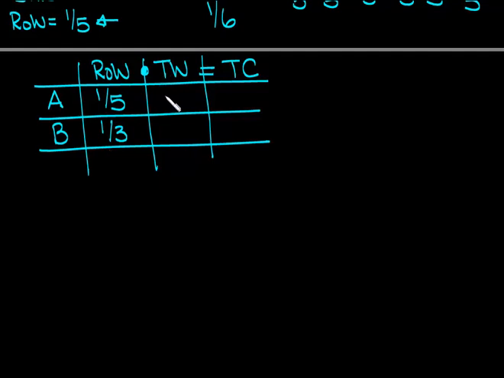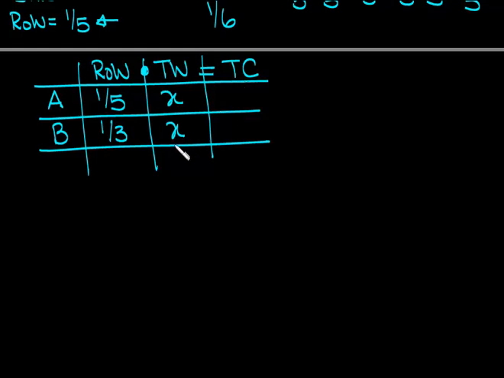We don't know that time, so let's call it x. x is the time that machine A was working, and x is the time that machine B was working, because when they stopped, they both worked for the same amount of time.